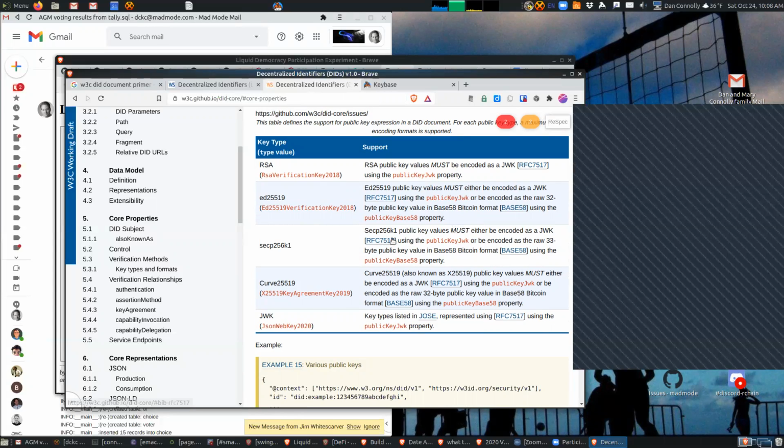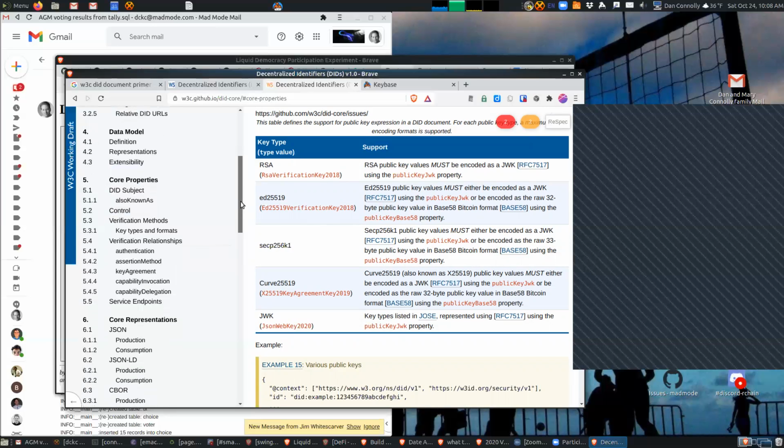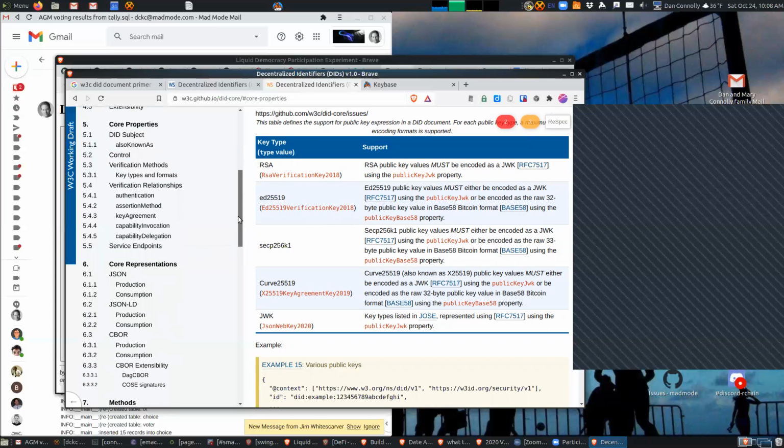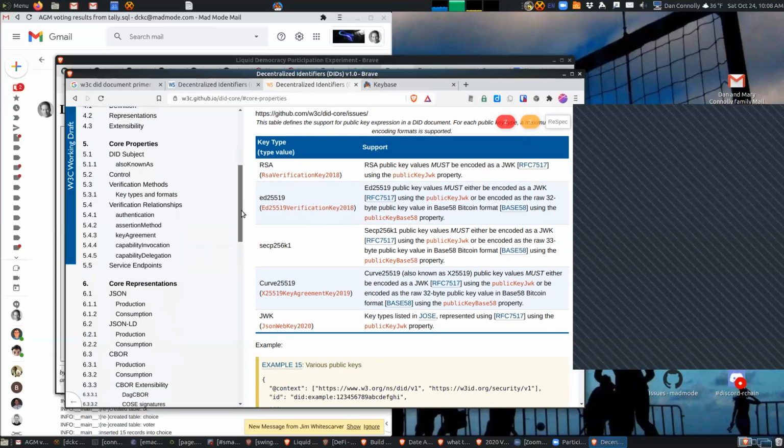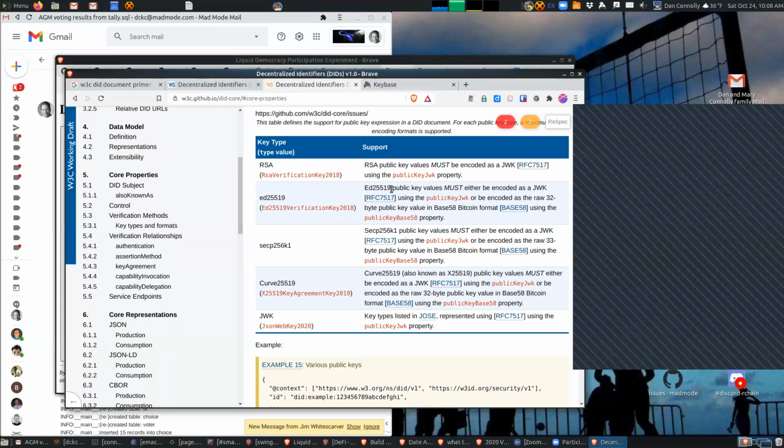I guess here's a way to publish our public keys if somebody chose to. Anyway, these are things we could put in our, we could implement these things.